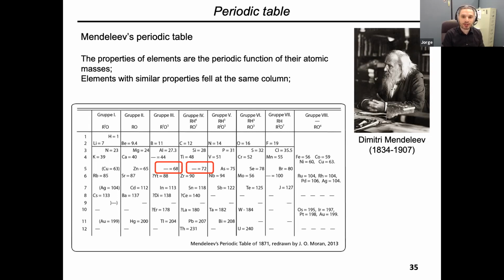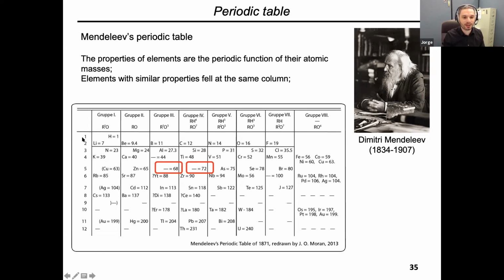By periodic function, it means that we start from element number 1, go all the way across the row, and we come back again to the same properties of element number 1. So periodic are things that repeat themselves.